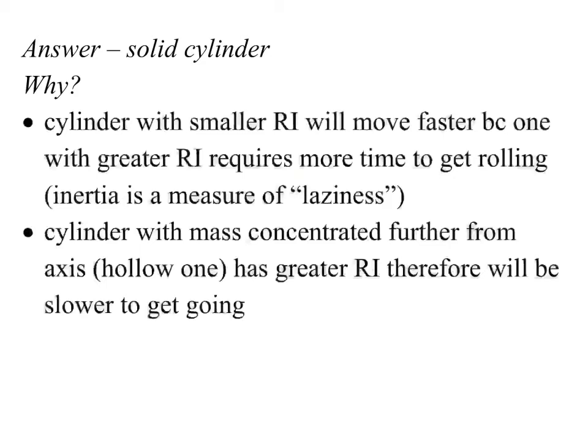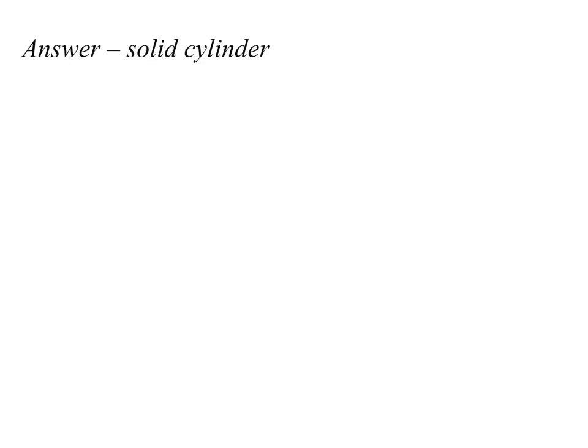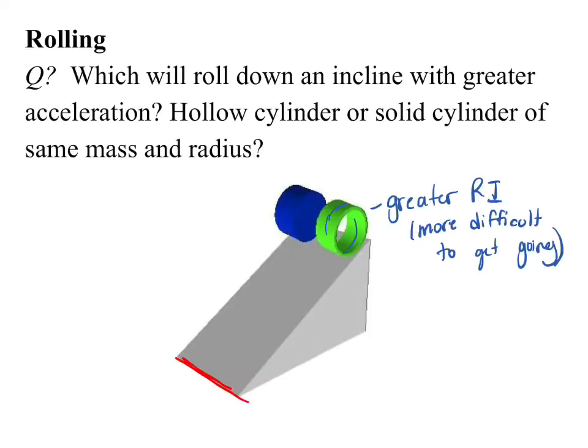So, the cylinder with the mass concentrated further from the axis has the greater rotational inertia. Again, because the axis about which it's rotating is here in the middle, and all of this guy's mass is as far away from it as you can get, whereas this guy has mass on the outside, but also has some mass pretty darn close to the inside as well, right?